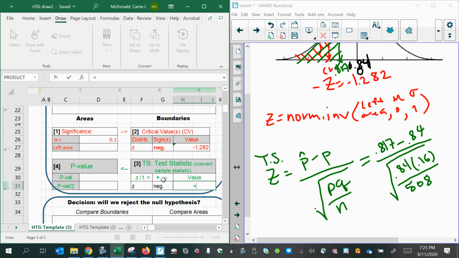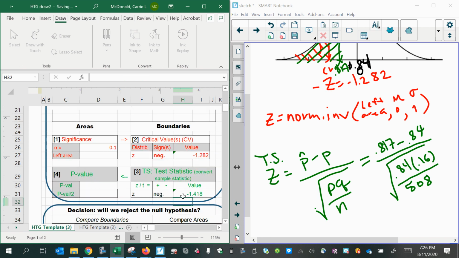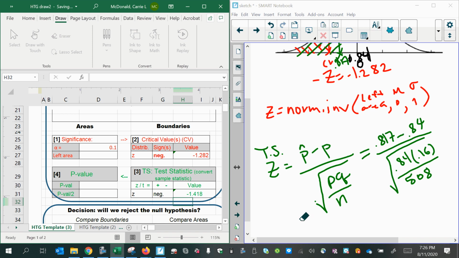So we have in the numerator p-hat minus P, close parentheses, then divide by the square root of P times Q divided by N. So now I have my test statistic value of negative 1.418.